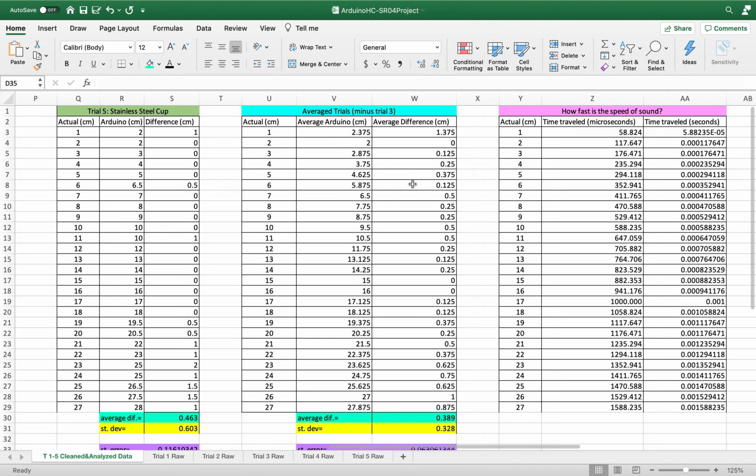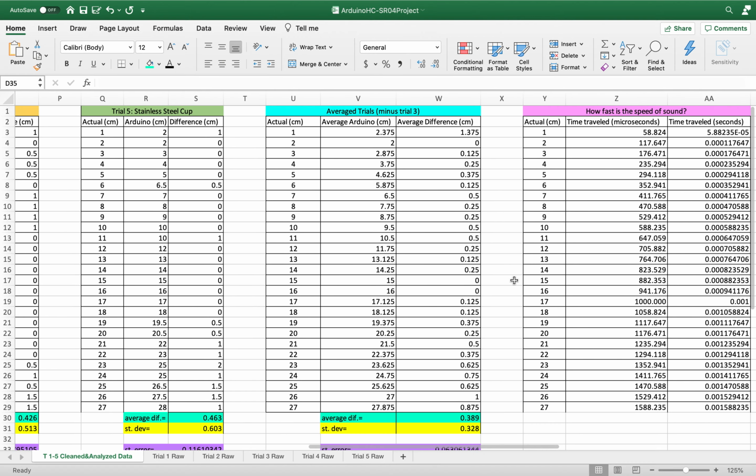The SR04 did not like that oven mitt. So we just excluded it as it was a major outlier, and there probably is a disclaimer out there somewhere that that module does not like textiles like cotton, but we're just going to go ahead and exclude it because usually you wouldn't be trying to sense things with an oven mitt.